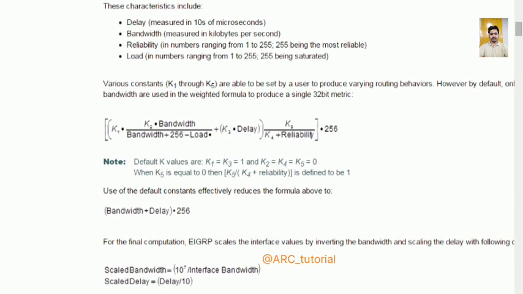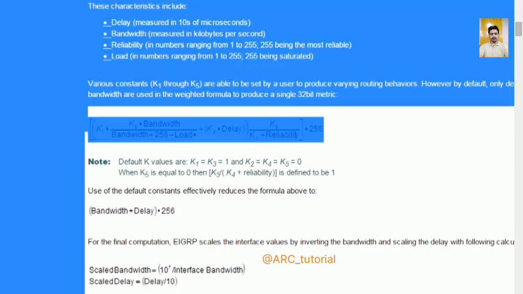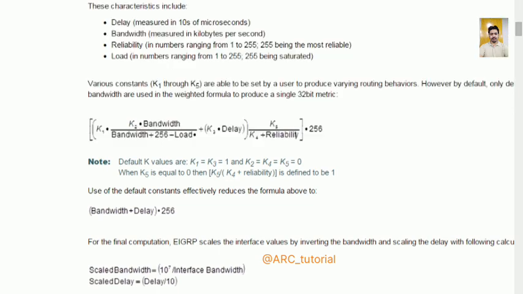This is the actual formula. Can you see it? This one. K1 multiplied by bandwidth, plus K2 multiplied by bandwidth divided by 256 minus load, plus K3 multiplied by delay. Brackets are there.